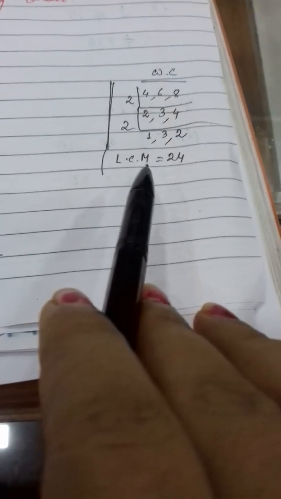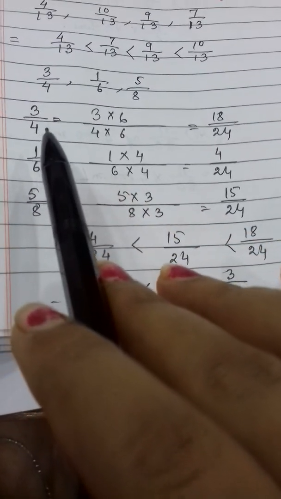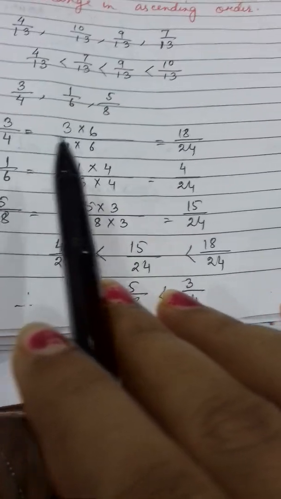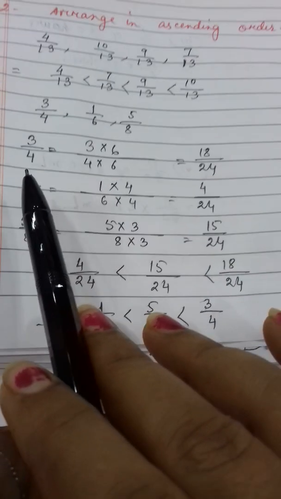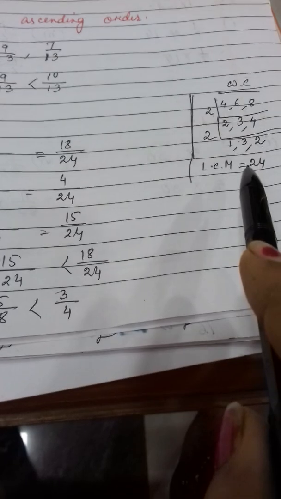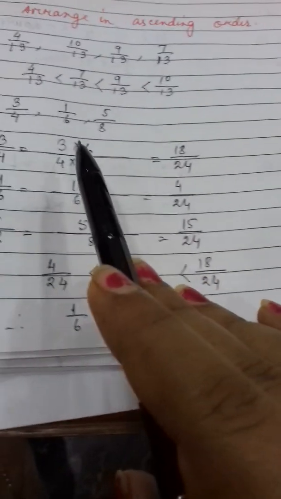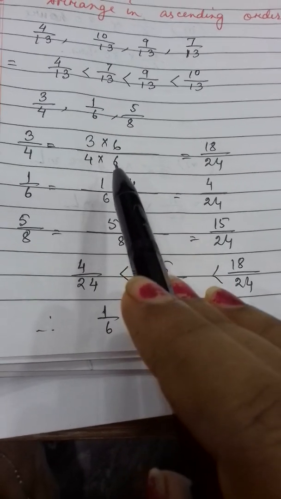Here I have found it, it has come 24. Now consider the fractions one by one. First 3 by 4. What I taught you: first you divide the LCM by the denominator, and with that quotient you multiply both numerator and denominator.